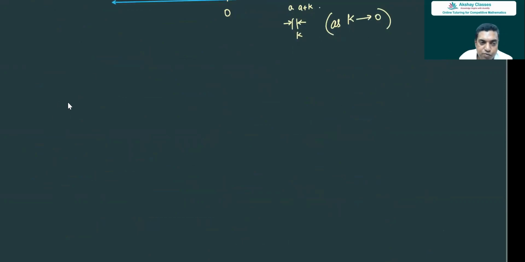The Laplace transform of the Dirac delta function. Earlier it was the unit step function. Now this is the unit impulse function, is given by e power minus as. For unit step function, it was e power minus as upon s. Now this is this one.